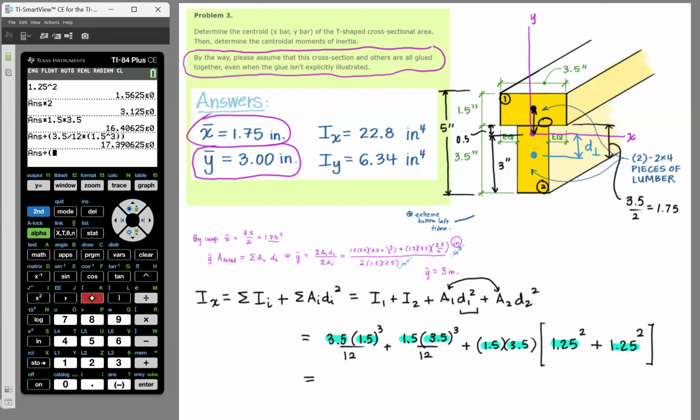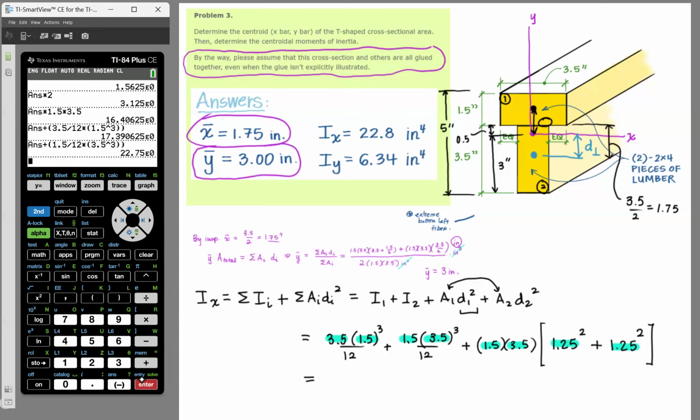Plus, and I'm ready for my last term, 1.5 divided by 12 times, open parentheses, 3.5 cubed, close parentheses again. And I get 22.75.